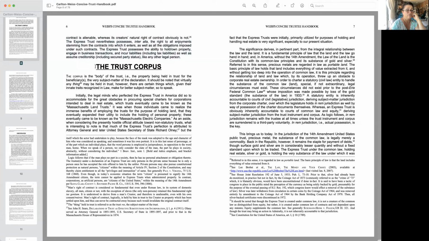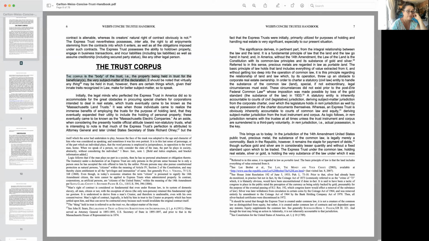All right, so the trust corpus. Corpus is like corpse, entity, dead body. The corpus is the body of the trust. Okay. The corpus is the body of the trust.